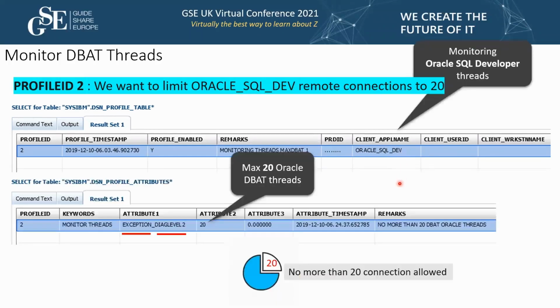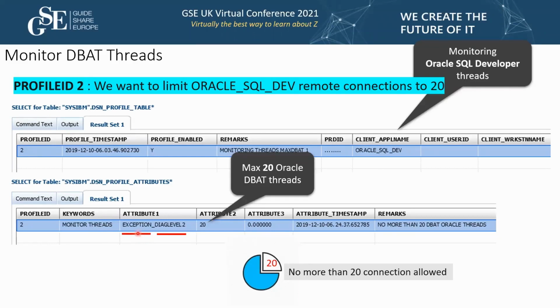Then you can also insert the same profile ID number 2 in the profile attributes table. Here the keyword is monitor threads. Before it was monitor connections in the previous exercise. And now my action, my answer from Db2, will be exception in this case, not warning as before.